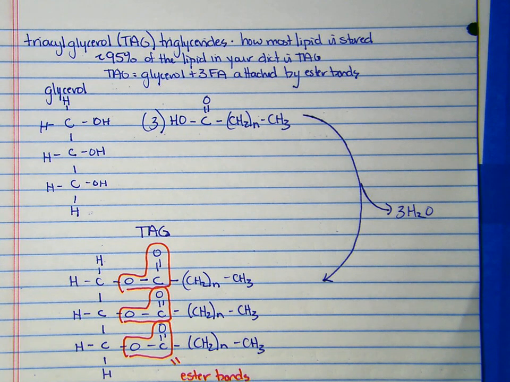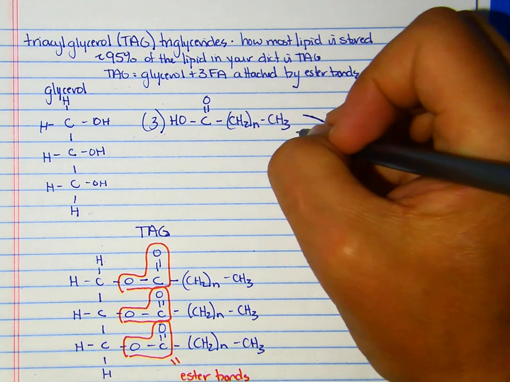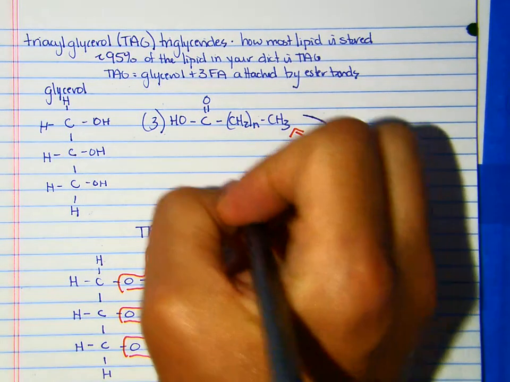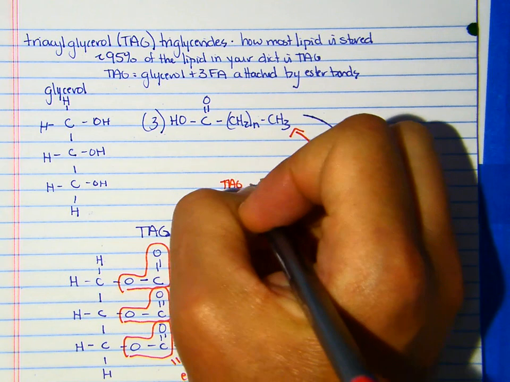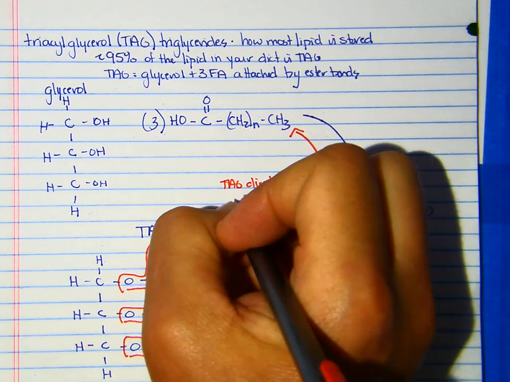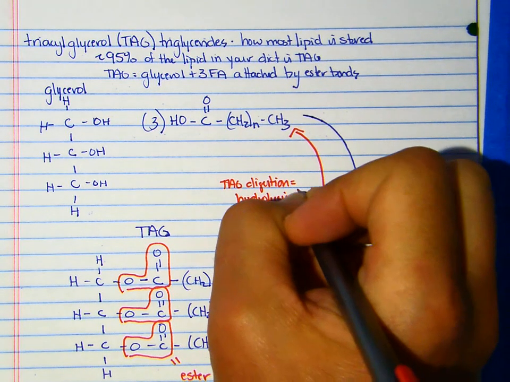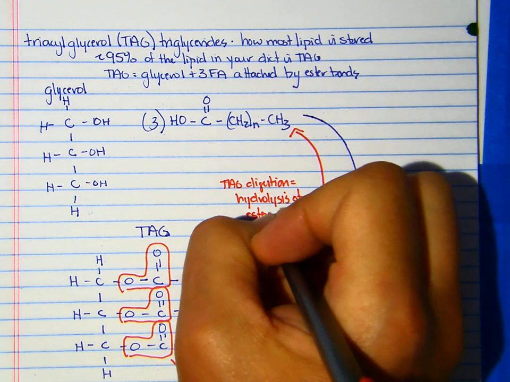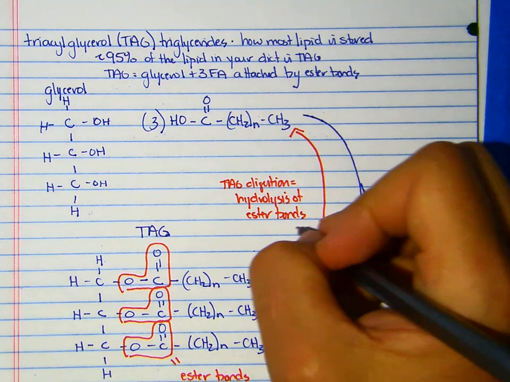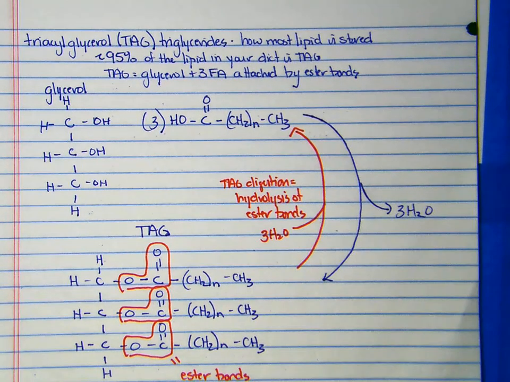And so when we think about digestion, we're actually going to do the opposite. So TAG digestion equals the hydrolysis of ester bonds. And you're going to do that by adding 3 waters.